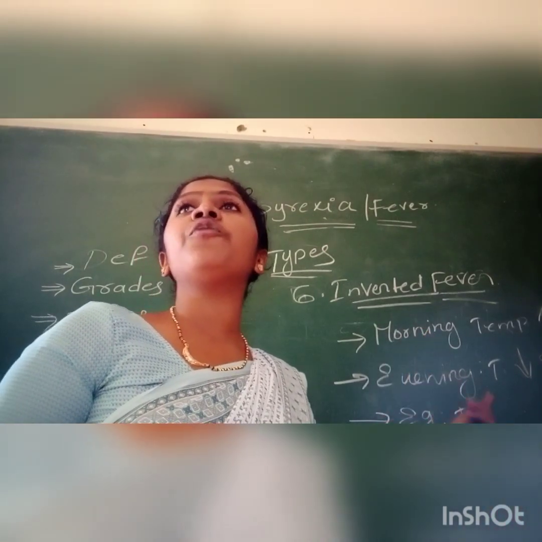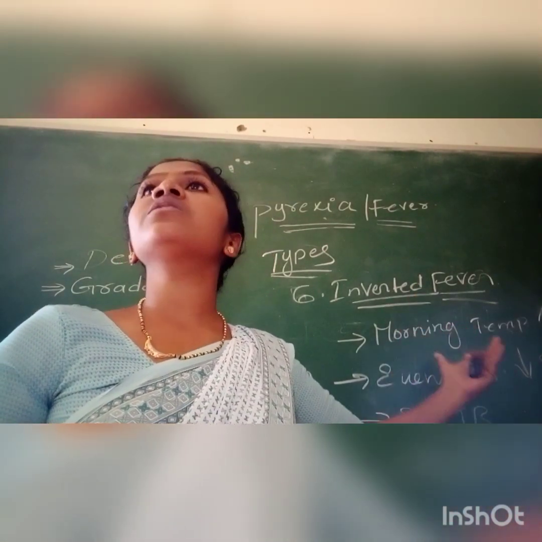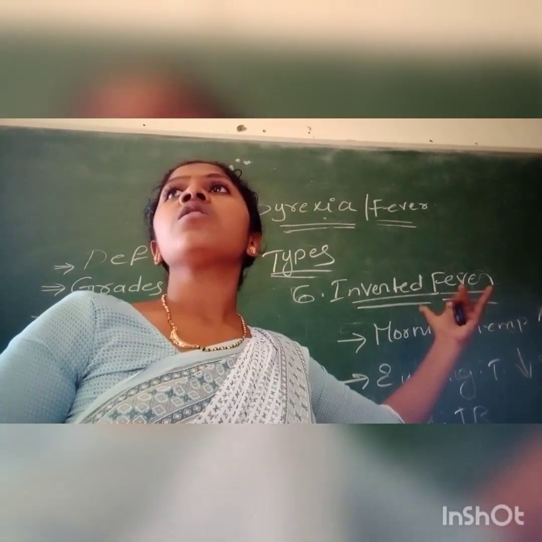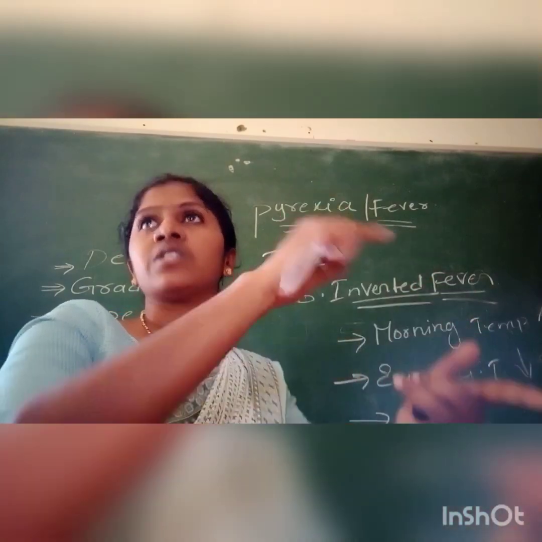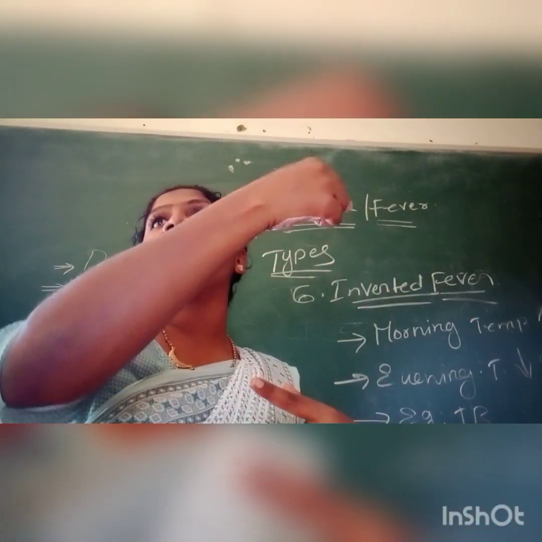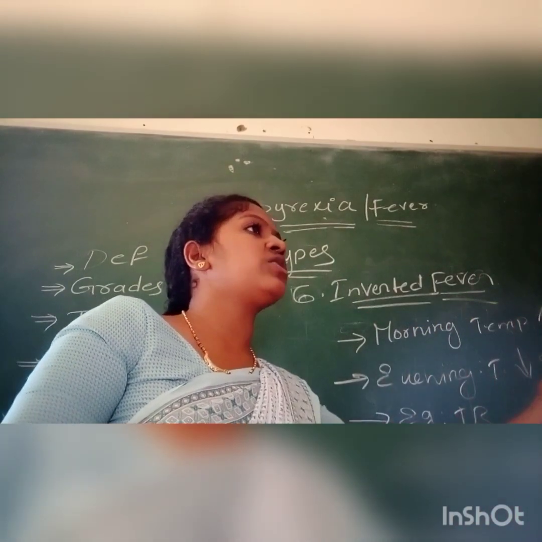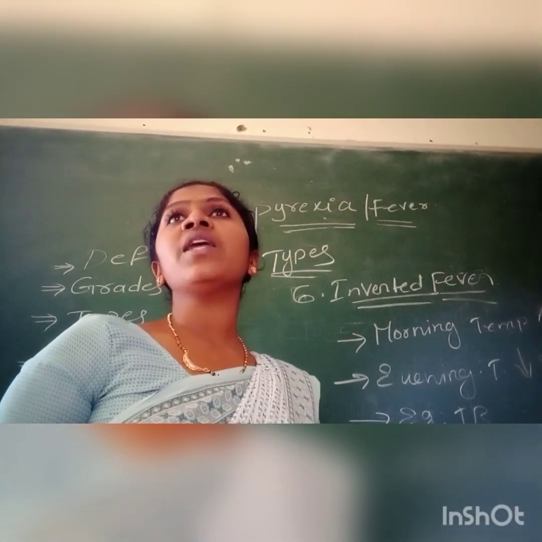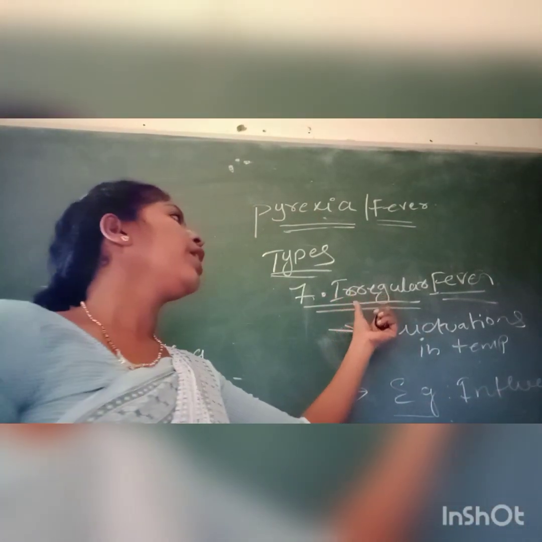Or otherwise, if the body temperature is high in the evening, then in the morning it comes down to the normal. That is called inverted fever, reverse. If the temperature is there in the morning, the evening comes down. If the temperature is there in the evening, the morning comes down. Right? Example is tuberculosis.